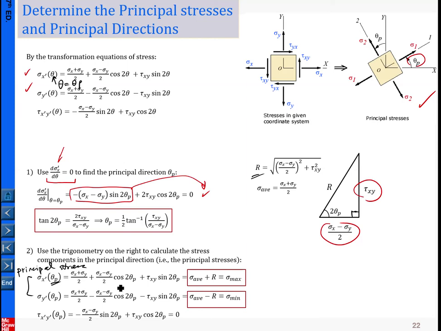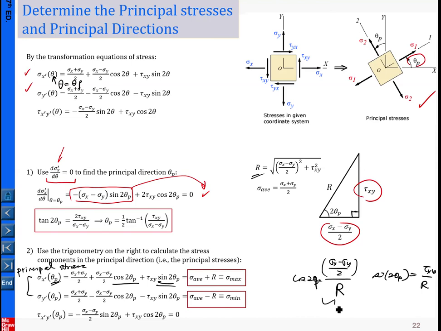So here the principal stress involves cosine 2 theta p, which is equal to sigma x minus sigma y divided by 2R, and sine 2 theta p, which from this graph is tau xy divided by R.